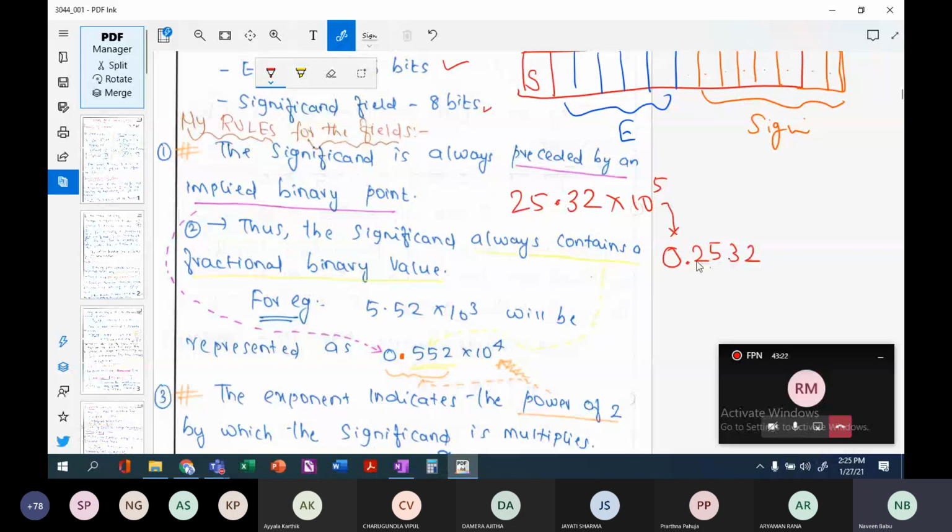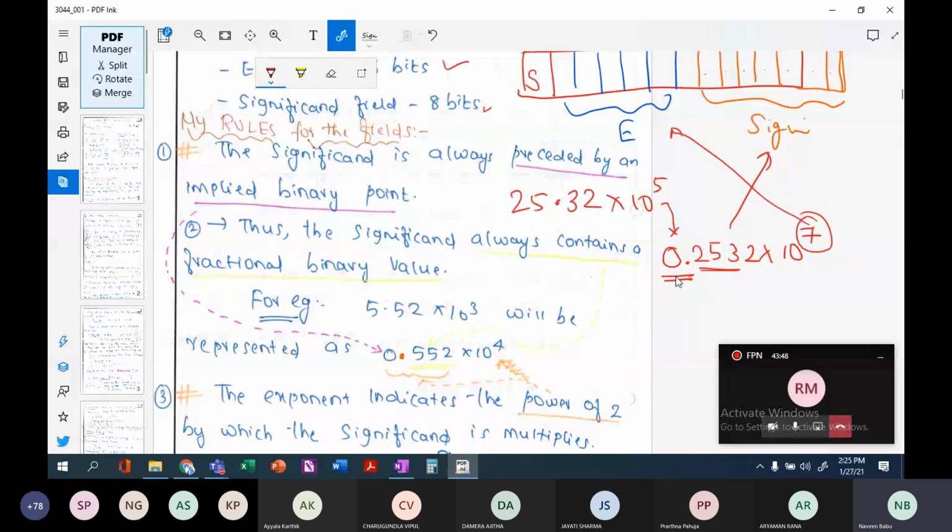So if I move this 2 places, I add to the power 2. Now my computer will easily understand that I have 0 point in front, and I will represent 2532 in the significand, and the 7 will be represented in the exponent value.